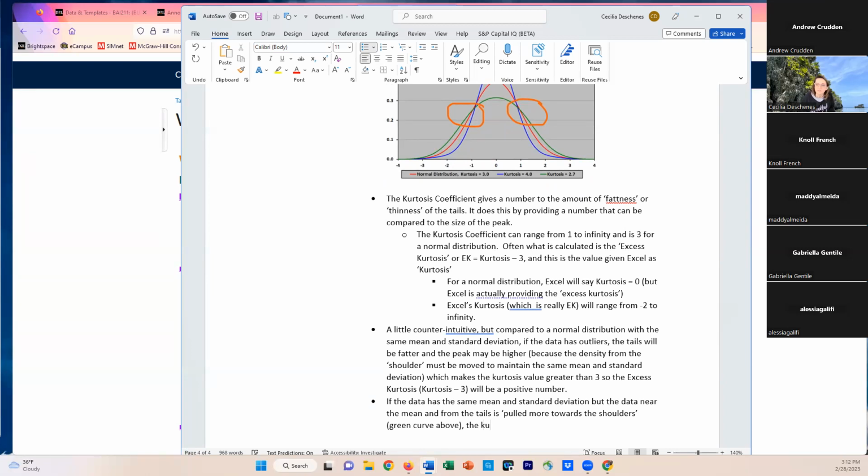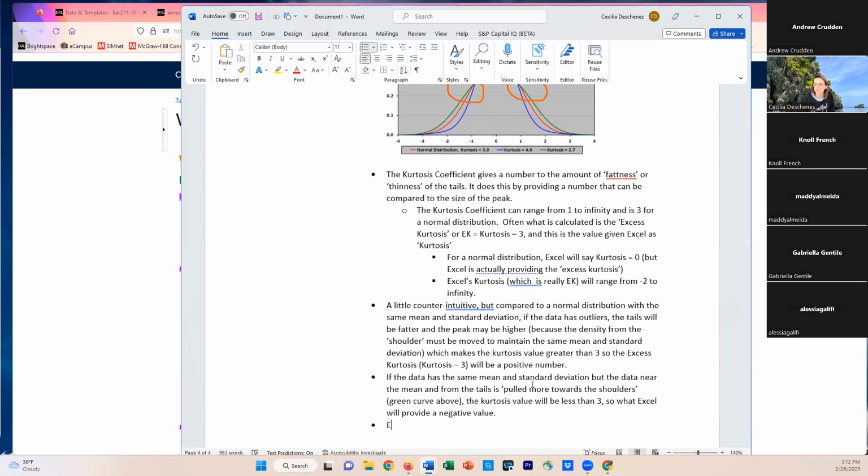The kurtosis value will be less than 3. So what Excel will give you is a negative value.